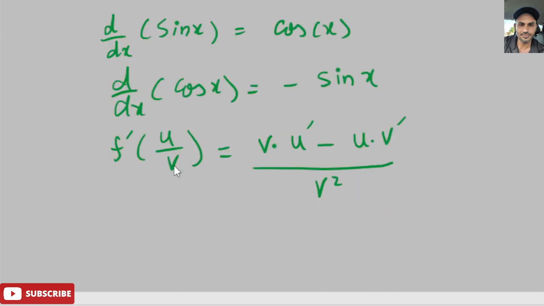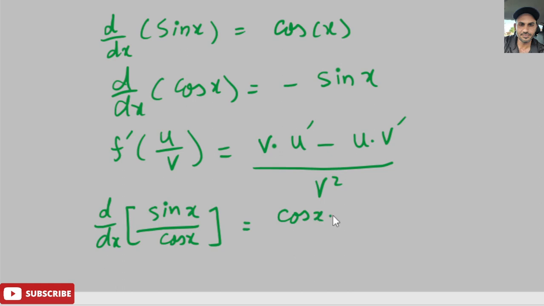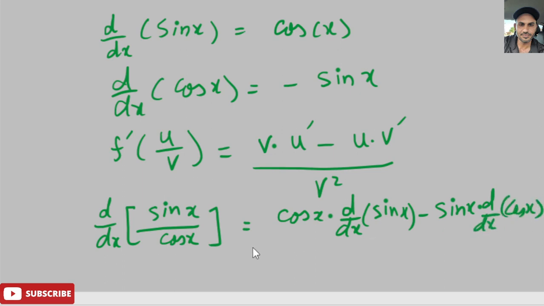We know that the derivative of sine of x over cosine of x then equals cosine of x times d over dx of sine of x minus sine of x times d over dx of cosine of x, divided by cosine of x squared.